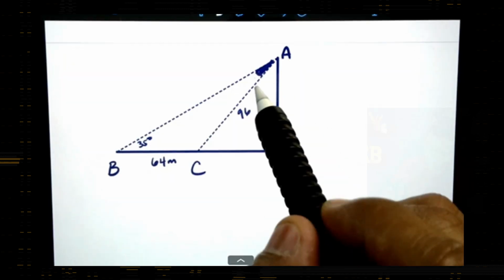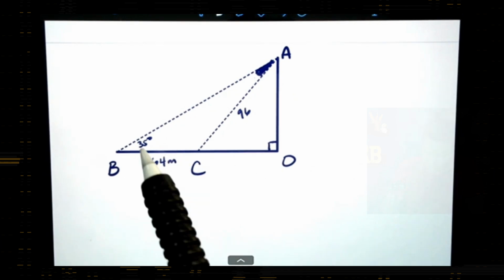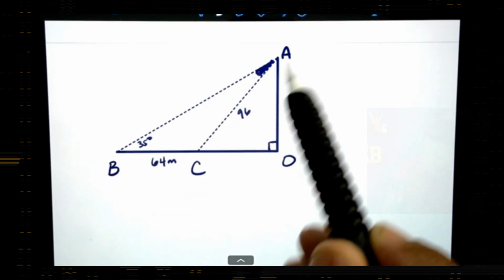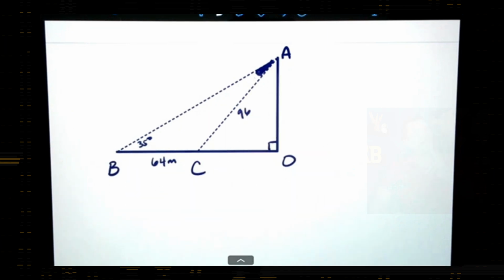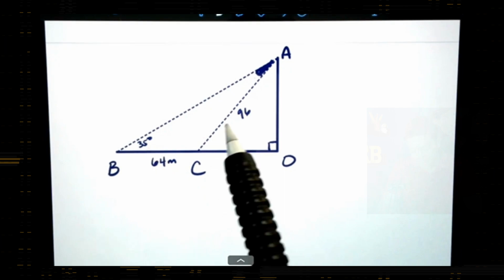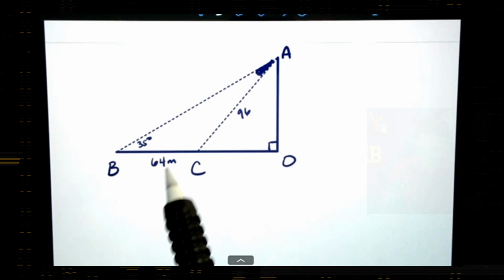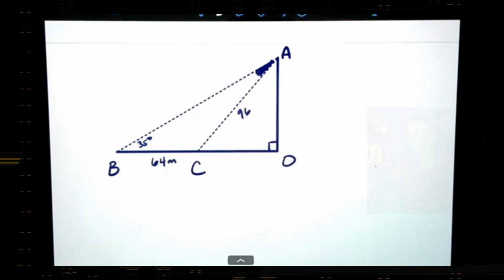Notice that this triangle BAC is a non-right triangle. That means I only have two options, either law of sines or law of cosines. But since one of the angles is given with its opposite side, and I have the opposite side of the angle that is requested, that is an indicator for me to apply the law of sines.